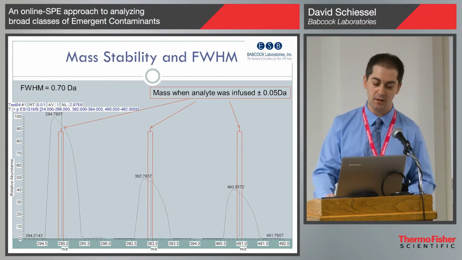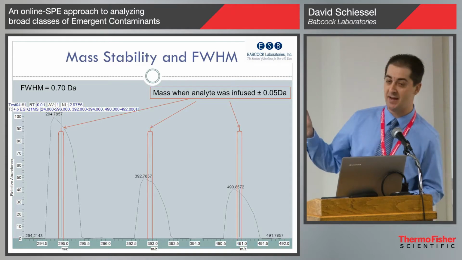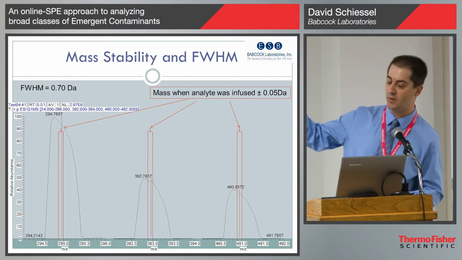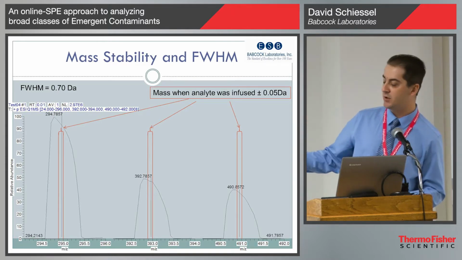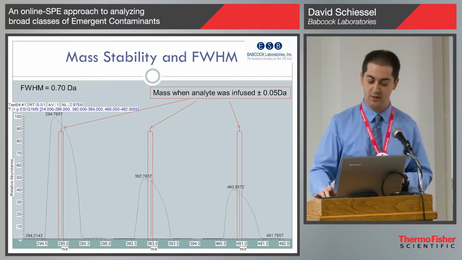The red bars are the mass stability. You can see that when you're operating at 0.7, there's no issue. The true masses will be within that window.